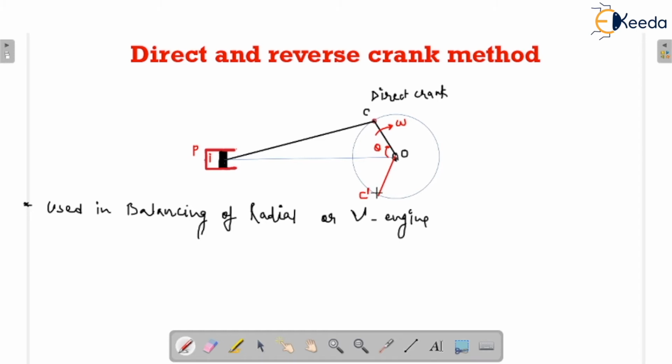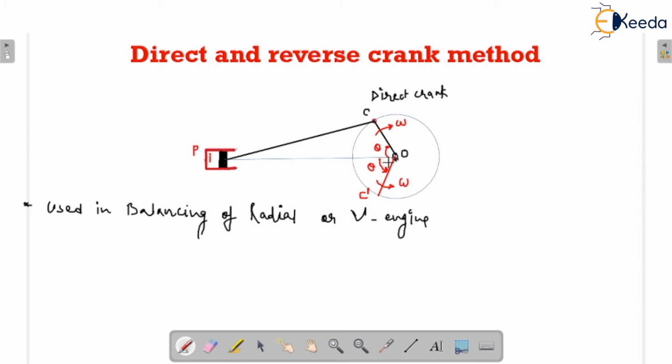You can call it the indirect crank or reverse crank. OC dash is the image of the direct crank about the line of stroke. If this is an image of the direct crank, it would be at the same angle theta but in the anti-clockwise direction, and the angular velocity would be the same as the direct crank, that is omega, because this is just the mirror image.